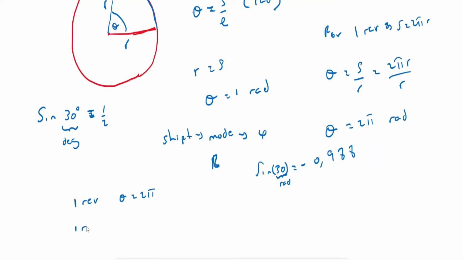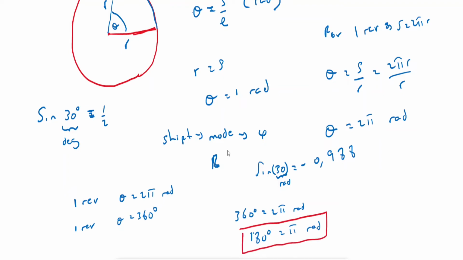We also know that for 1 revolution, theta is equal to 360 degrees. So this is radians and this is degrees, which means that 360 degrees is the same as 2 pi radians. If I divide both sides by 2, then 180 degrees is the same as pi radians. This is what I'm going to use to convert everything.